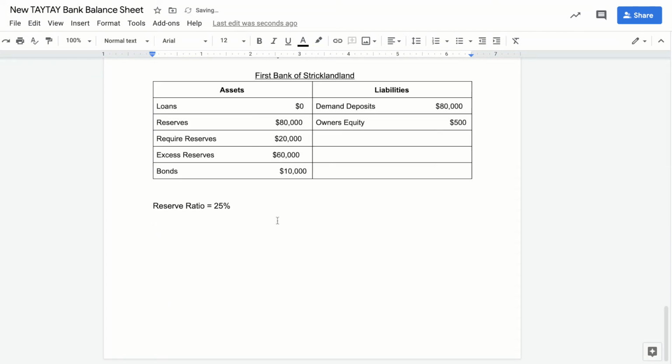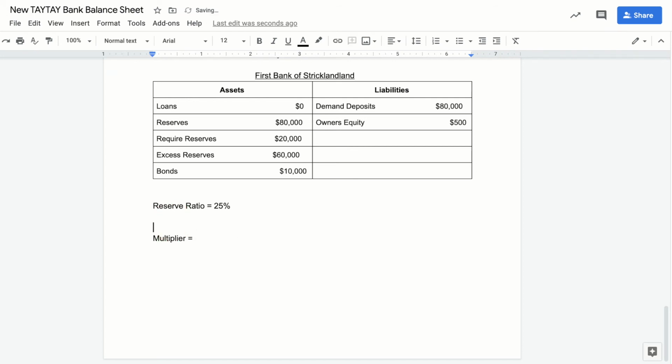Now we have the Bank of Strickland Land. The Bank of Strickland Land is located in a country that currently has its central bank setting the reserve requirement ratio at 25%. That means Strickland is going to be able to loan out anything above that 25% required reserves.